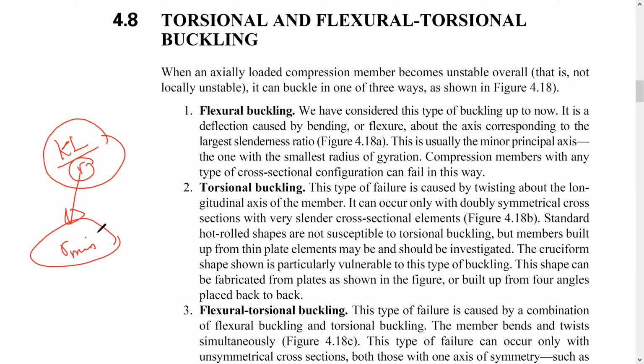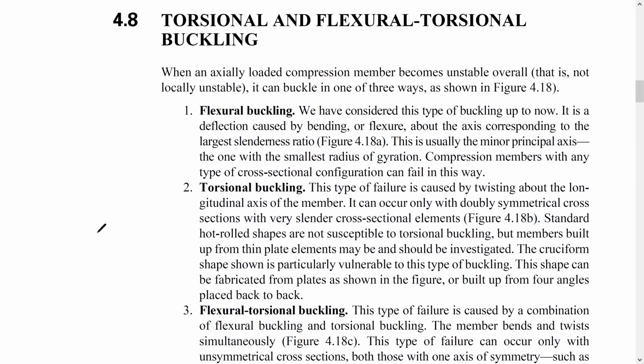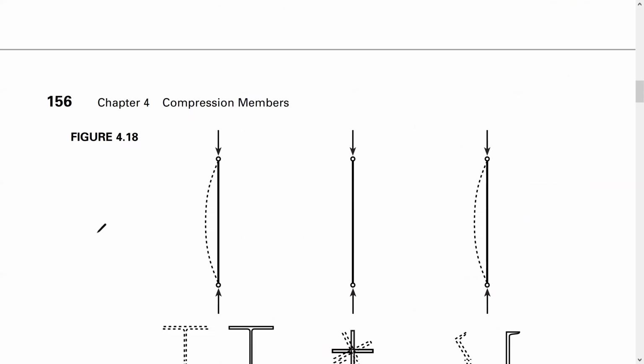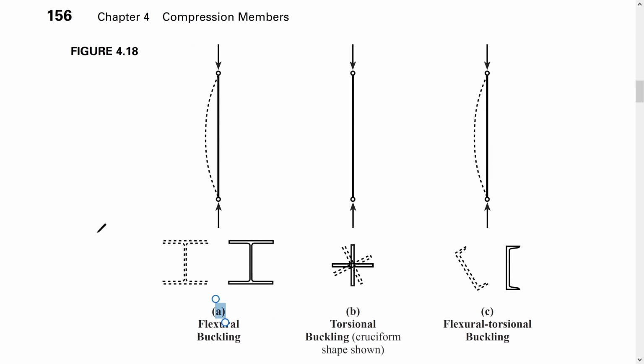Any compression member with any type of cross-sectional configuration can fail in this way, which is flexure buckling. Let me show you how that looks. So here, guys, if we have a column, loaded axially, axially meaning perpendicular to the cross section, it will buckle this way.